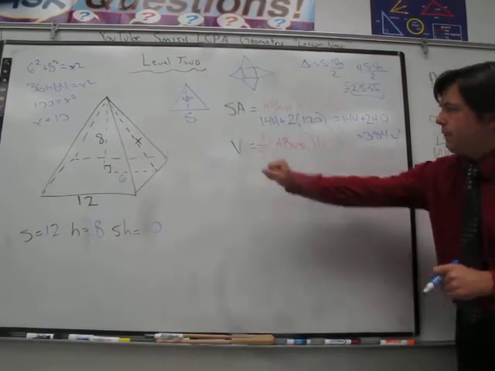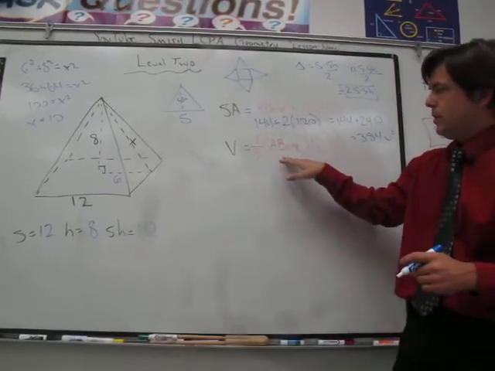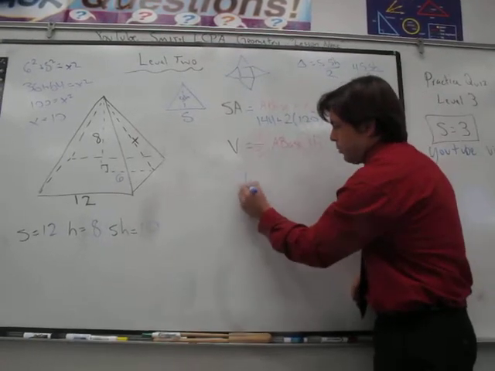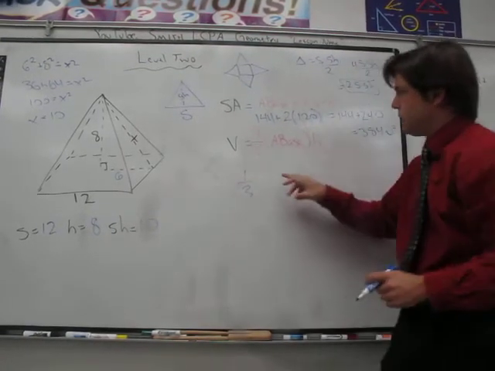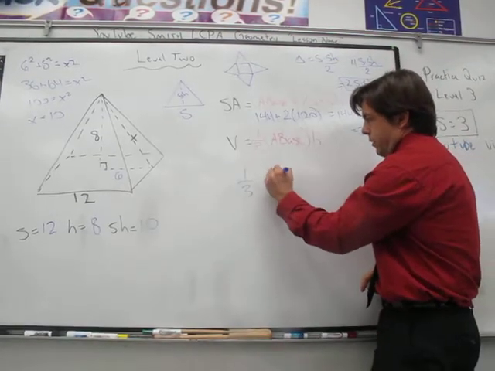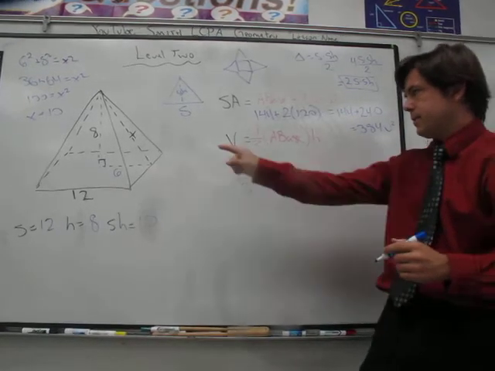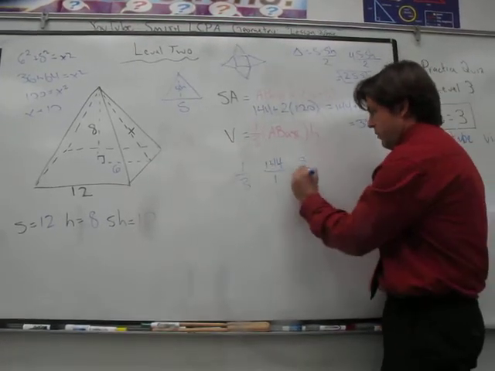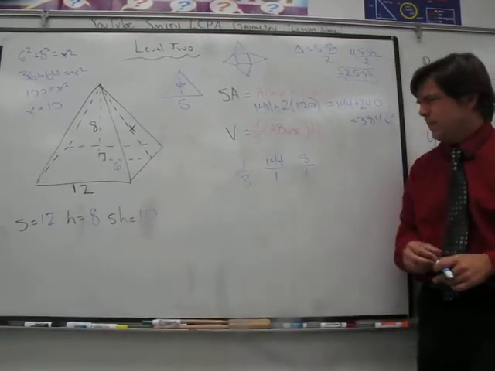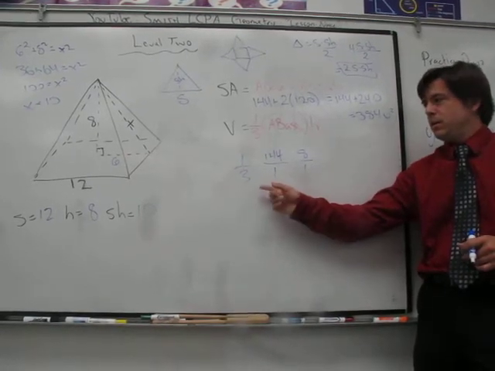Okay. Almost there. Volume is 1/3 area of the base times the height. So again, we're going to do this clever thing here. We're going to write it like this: 1/3 times, what was the area of the base? 144. So I'm going to do it like this: 144 over 1. And what's the height? 8. 8 over 1. Okay, does anyone see anything you can actually cancel here? Maybe 3.